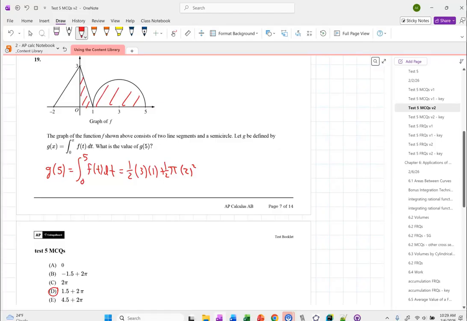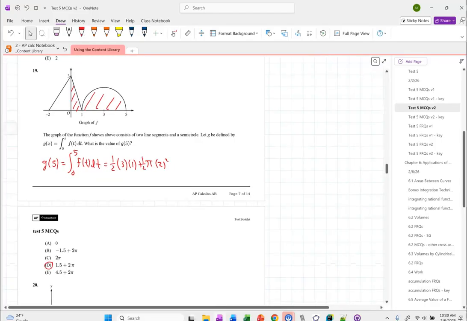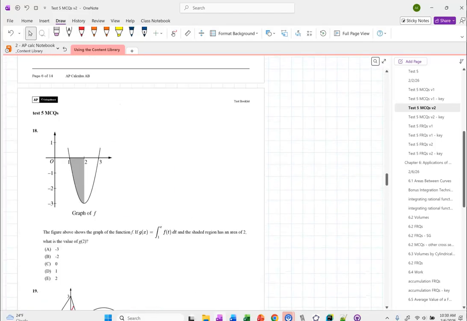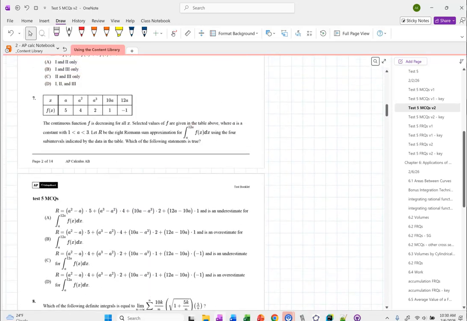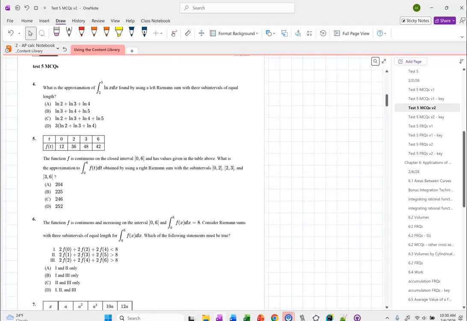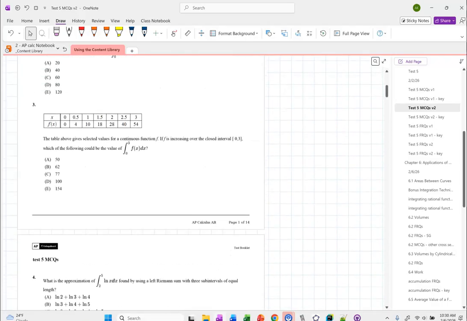Everybody happy? I'm going to look for one more. I'm looking for one specific one. I think it was up here in the beginning. I don't remember if it was in this set or the first set, but there's one that I wanted to for sure look at real quick.